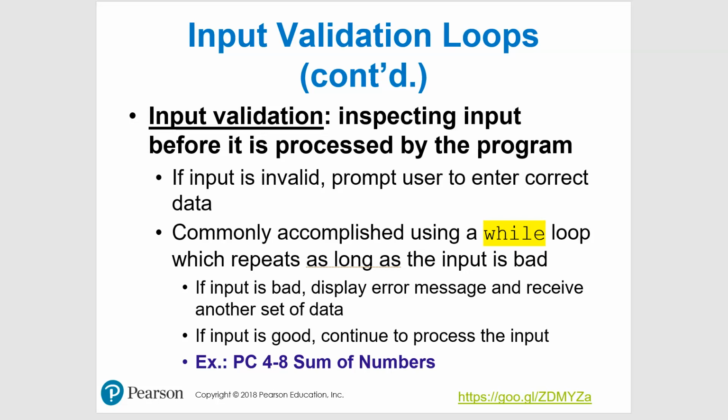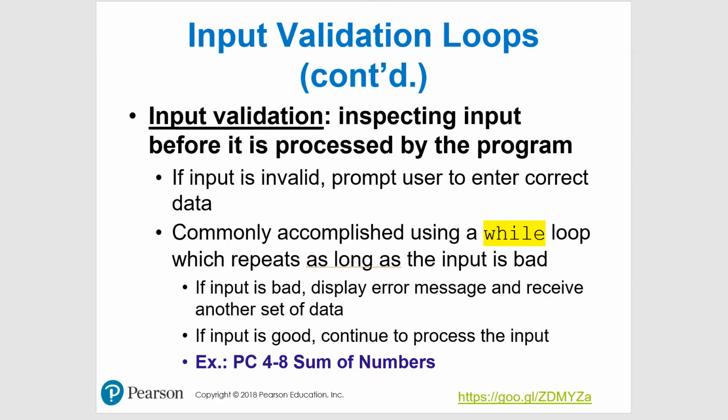We're going to give them a little error message and say, oh, it needs to be within this range, 0 to 100. Please try again, those kinds of things. And a really easy way of doing this is with the while loop. Now, the while loop will keep going as long as the input is bad, giving them that little error message, asking them to input the right data. So the messaging is important so that they know what is wrong. So very important for that. And you'll see this in some of your numbers, and you'll use it in some of your other programs too. But I wanted to show you an example of this.